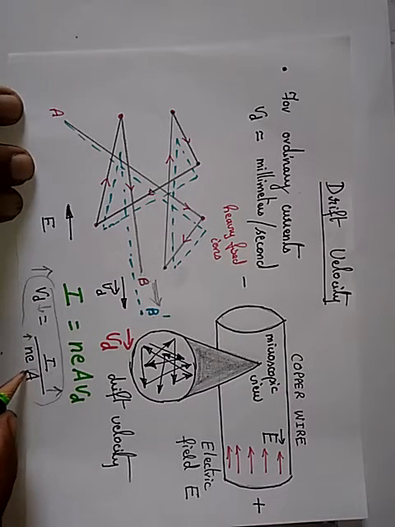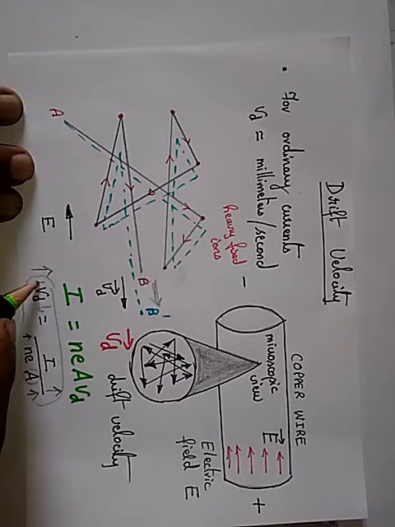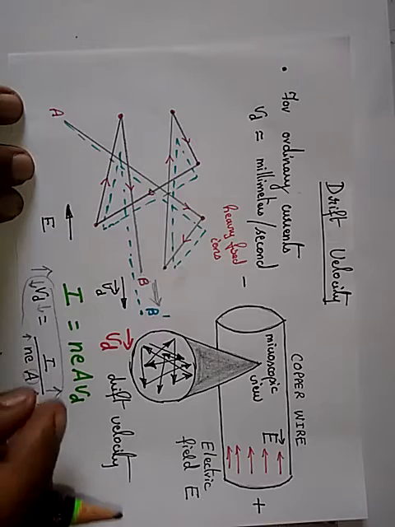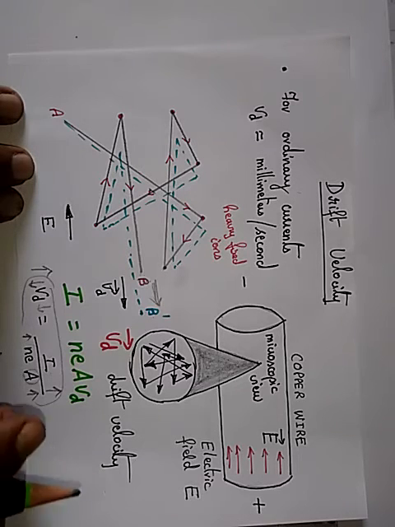Next, if the area of the cross section increases, then drift velocity decreases. e is the charge of an electron, which is a constant. So that's all about an idea of what drift velocity is.